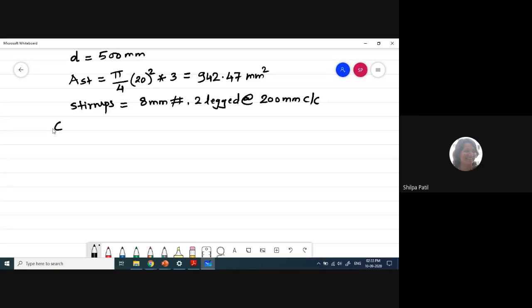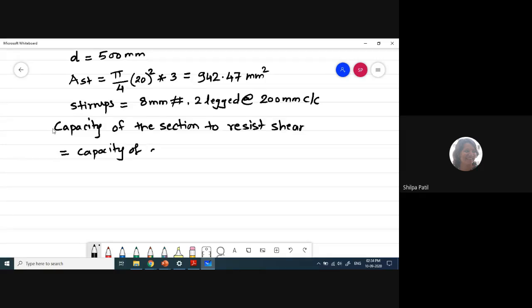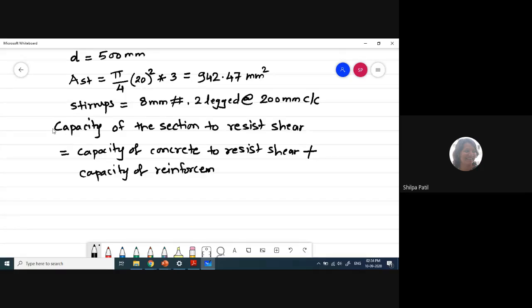So capacity of the section to resist shear is calculated as capacity of concrete to resist shear plus capacity of reinforcement to resist shear.